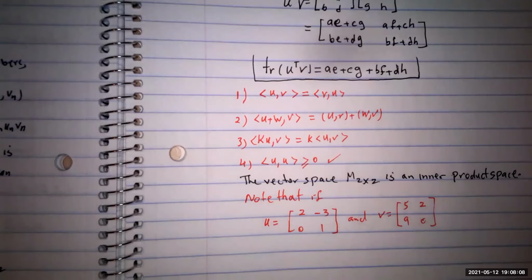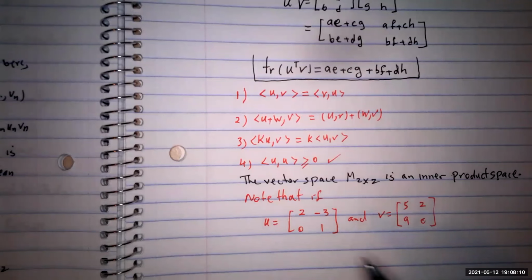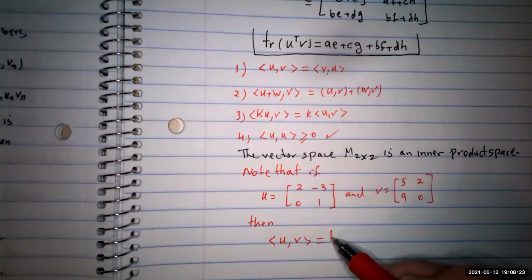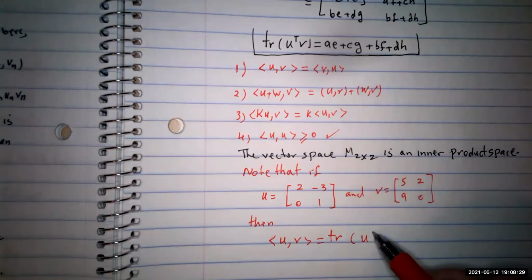If this is the case, you may be given one to find. So the product is going to be equal to, I go with the trace formula: the trace of u transpose times v, or just apply the formula if you like.